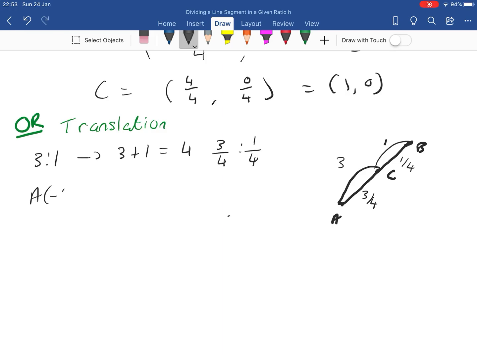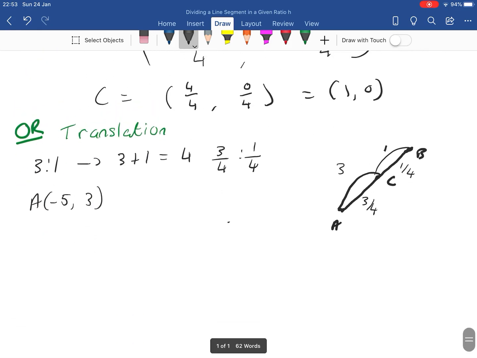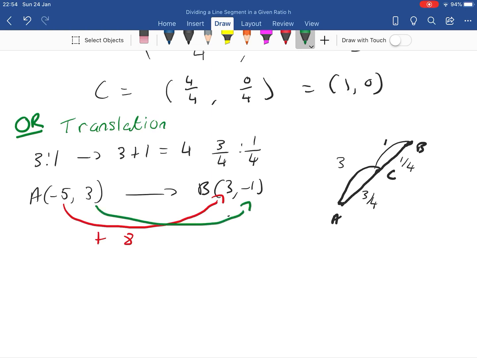So if we go back here, A is (-5, 3) and B is (3, -1). We're going to look at what happens to the translation. How do I go from minus 5 to 3? I plus 8. How do I go from 3 to minus 1? I'm minus 4. So that's my translation from A to B.